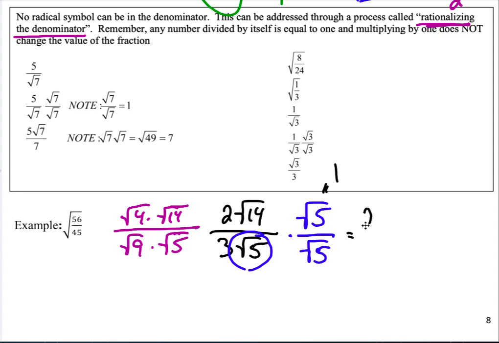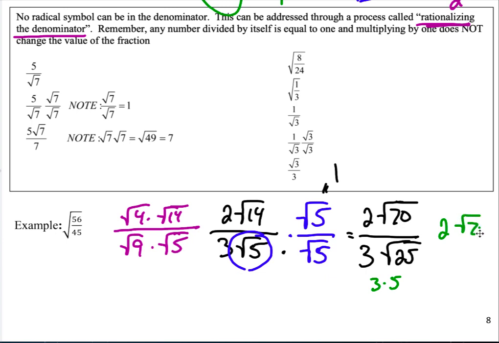So here I do 2 times the square root of 70. And down here I have 3, and then I have square root of 5 times square root of 5, which is the square root of 25. Square root of 25 is 5, so I get 2 square roots of 70 over 15.